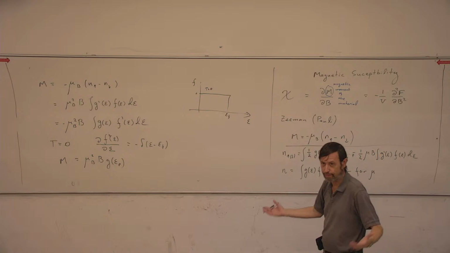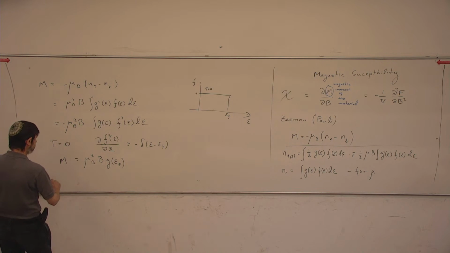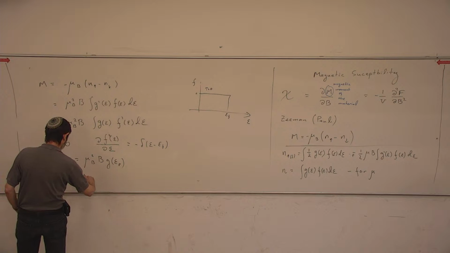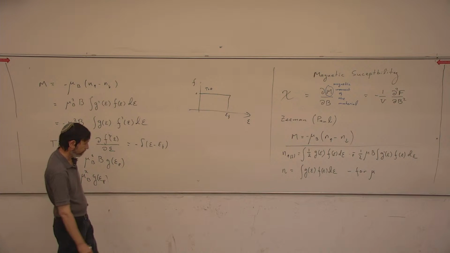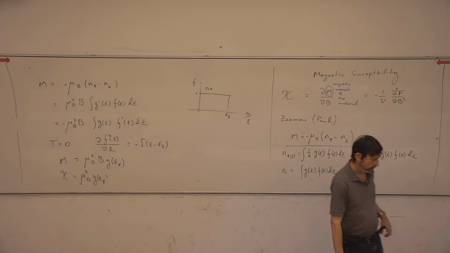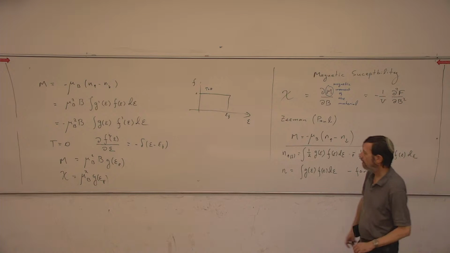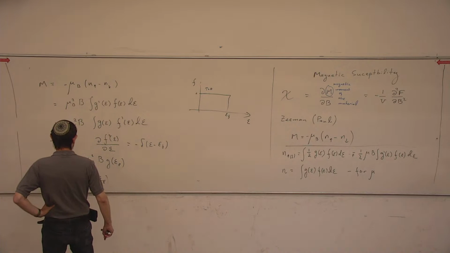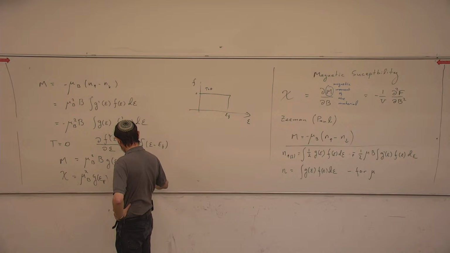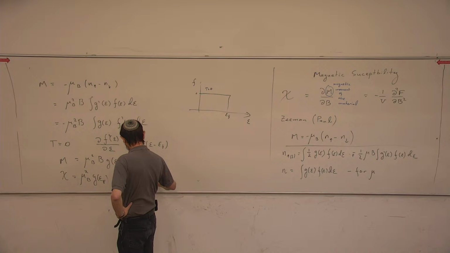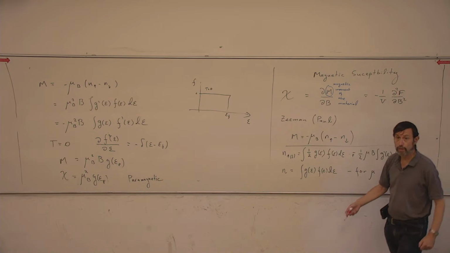Below it, they can't move. So the susceptibility, and this is, of course, paramagnetic response.